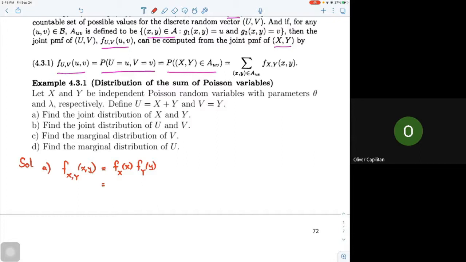This is the random variable Y, and its realized value is small y. Here, big X and then small x.